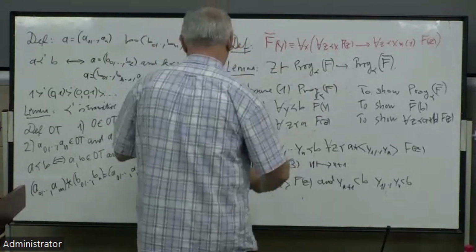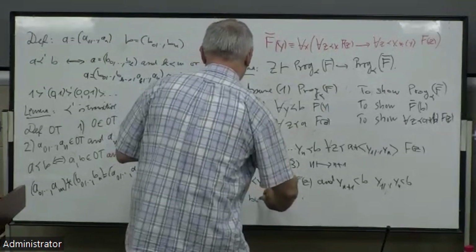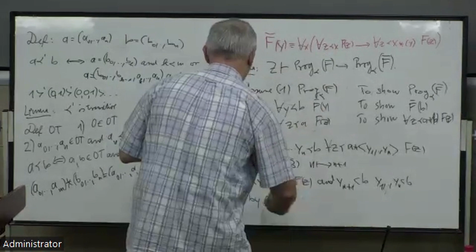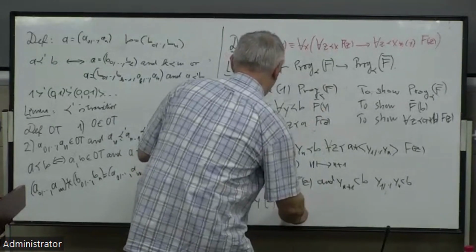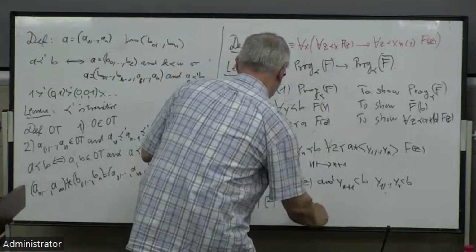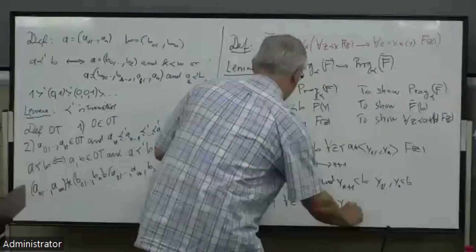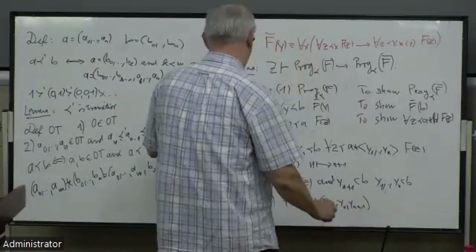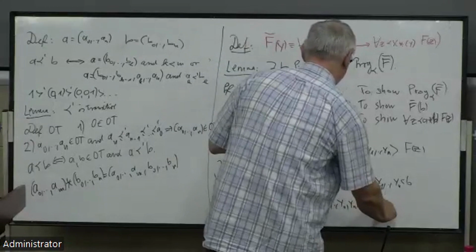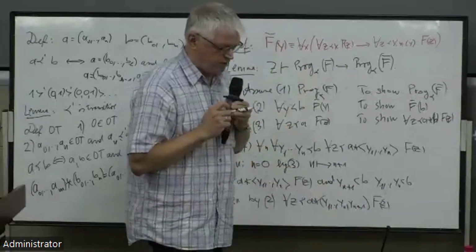So then, by assertion 2, we have for all z smaller than a star y1 to yn plus 1, f of z. So this means claim 4 is shown.